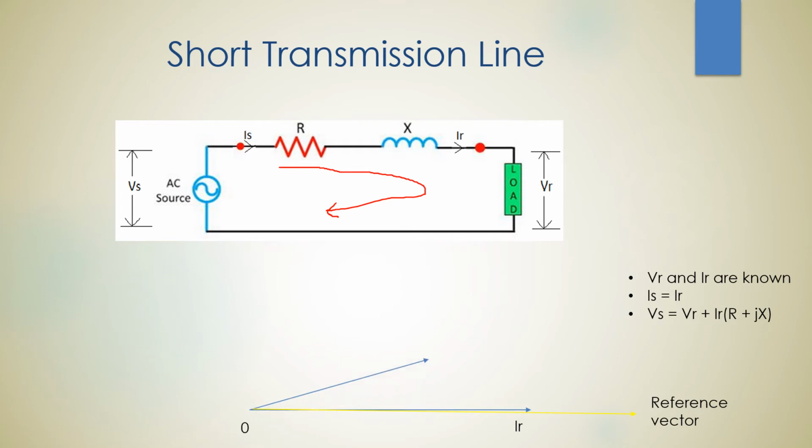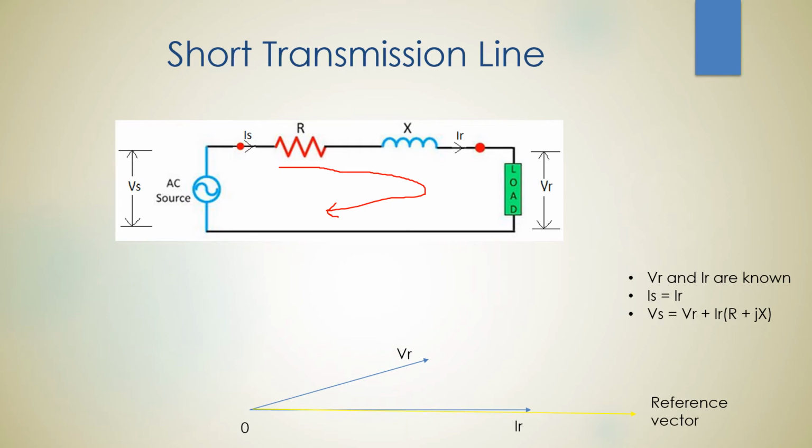Now if the lagging load is connected, that means IR is lagging VR. If IR is already shown, I must draw VR leading to IR, because in a lagging load VR leads IR. Alternatively, we can say IR lags VR.